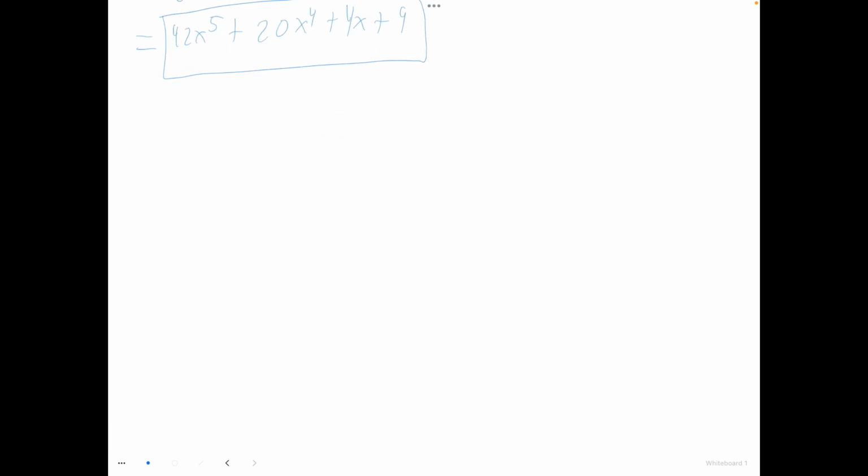Now, as I mentioned, we can actually go beyond polynomials. And so if we wanted to find the derivative of g of x is equal to 4x cubed minus 4x plus 3 square roots of x. If we wanted to compute this derivative, this isn't a polynomial, but we can still find its derivative.